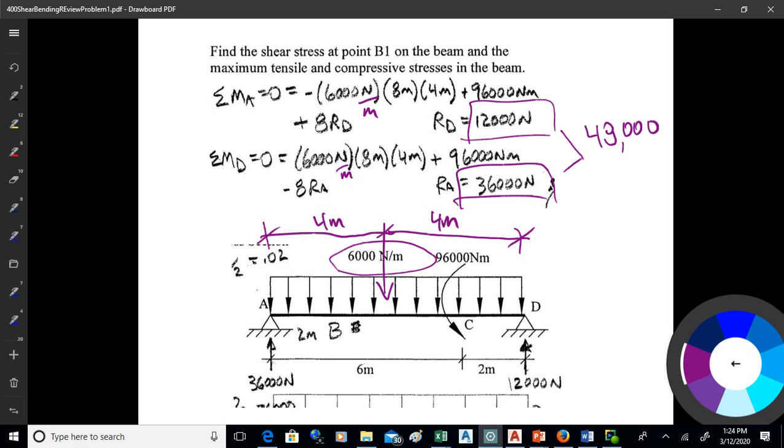Then once you've got the shear, find the moment diagram. Remember, you're going to have that big jump in the moment diagram when you get to that couple at C. So you're going to have to accommodate that or get ready for that.